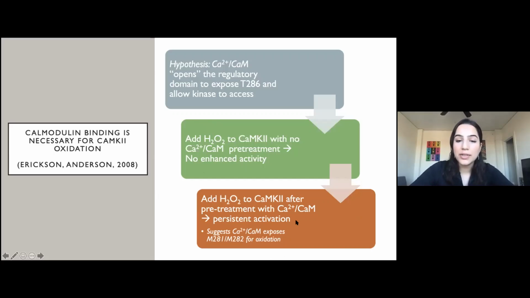They then rescued that by pre-treating with calmodulin and then adding reactive oxygen species, and they did see persistent activation. So this basically proves the association of calmodulin exposes the methionine residues to allow for the oxidation event to occur.